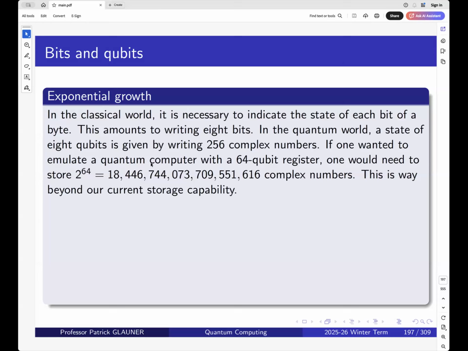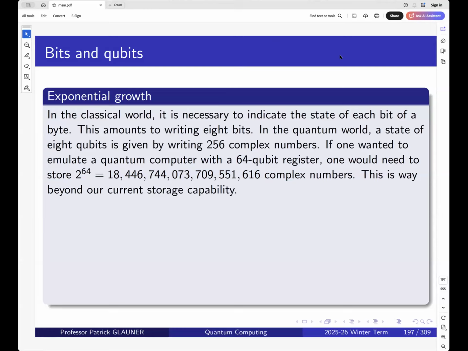And this is beyond our current storage capability. And even if we had a computer for this, we could just double this to 128. And then 2 to the power of 128 would be a way bigger number than this number here. And then we also wouldn't be able to simulate it.